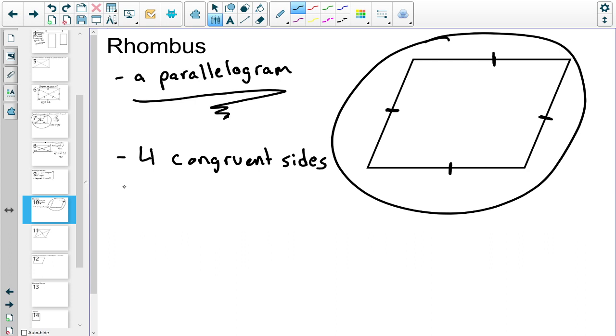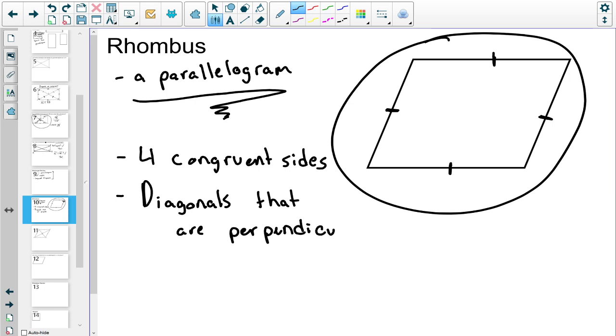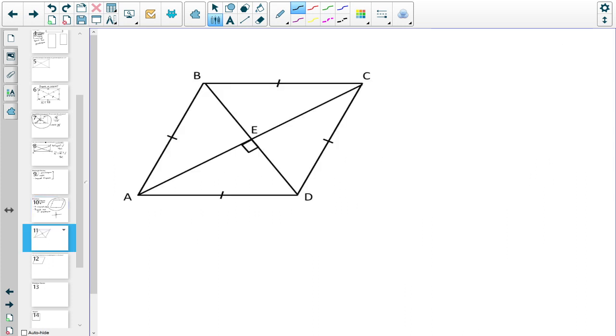Well, what else? A rhombus has diagonals that are perpendicular. And just for those of you who may have forgotten, perpendicular refers to any time two lines cross each other and meet at a 90-degree angle. So let's look at this.